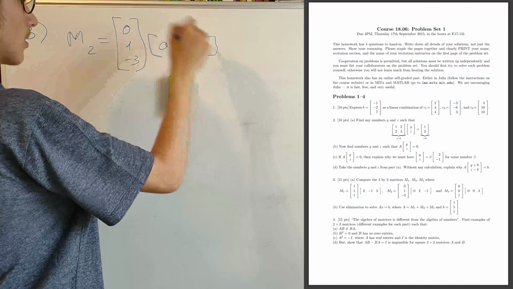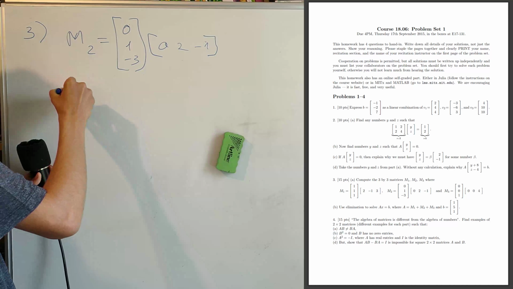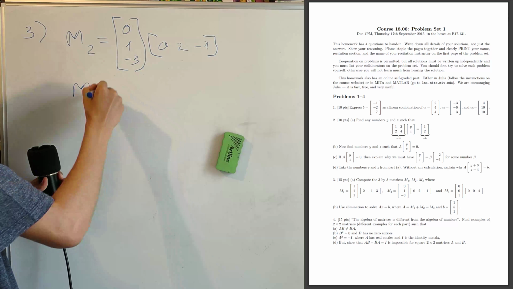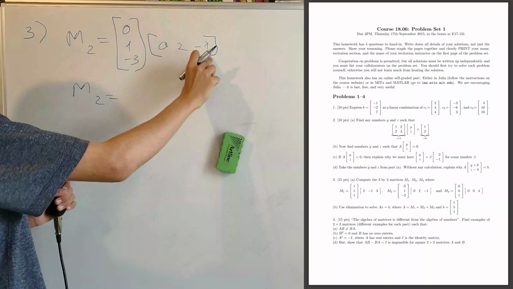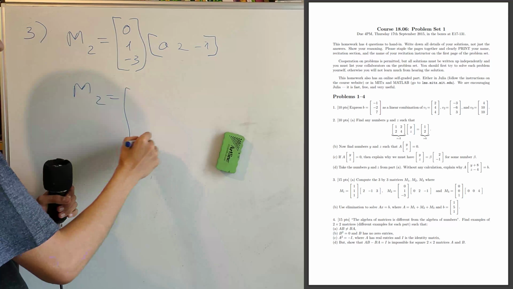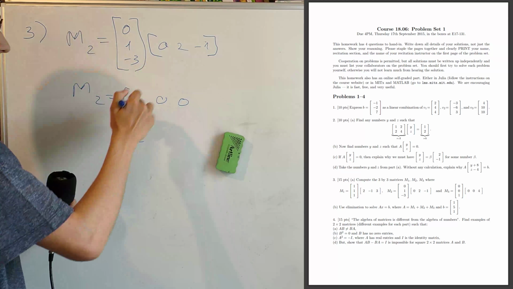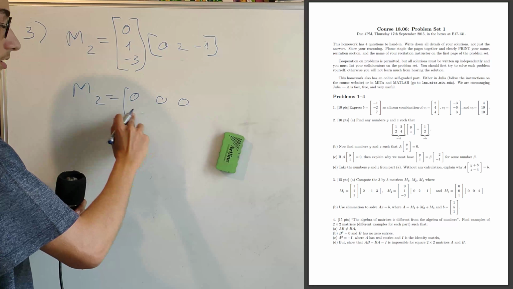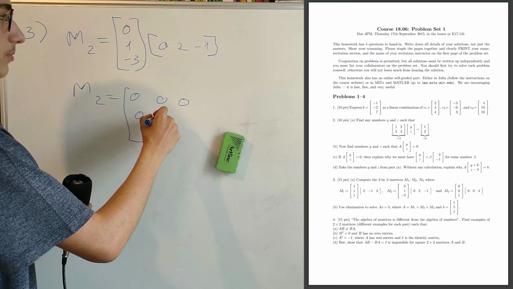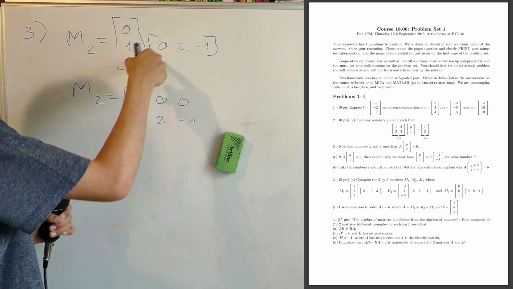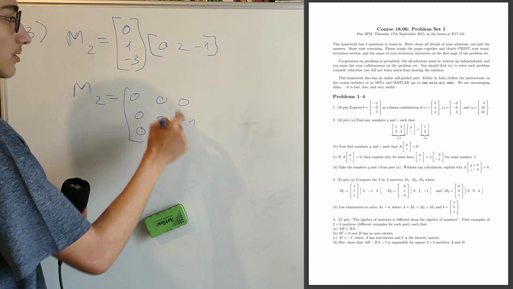What this means is we have M2, a 3 by 3 matrix, and the first row is 0 times this, so it will be just 0, 0, 0. Then it's 1 times this, so 0 times 1, and 1 times 2, so it will be 2 minus 1. And here is minus 3, so it will be 0, minus 6, 3.